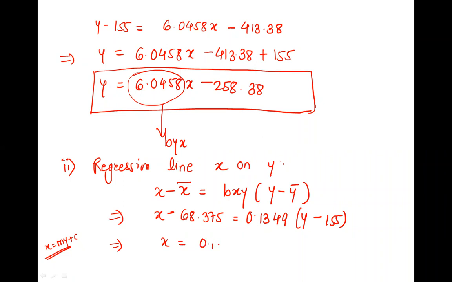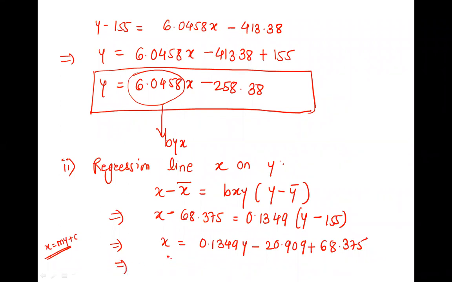So it is 0.1349y minus, how much is this multiplication? 20.909. And this minus will become plus here, 68.375.